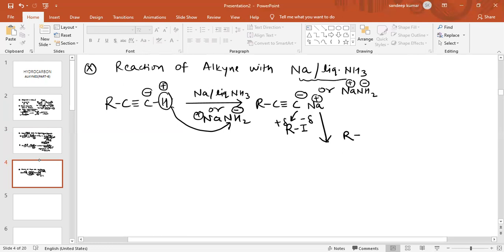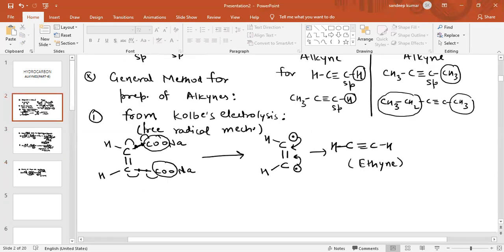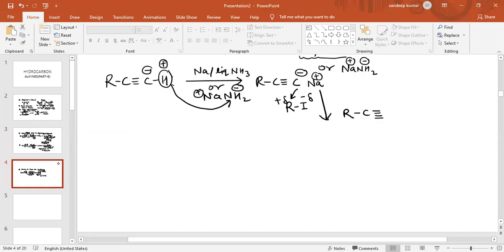The product obtained is R, C triple bond C, R. So this is the preparation of higher alkyne.